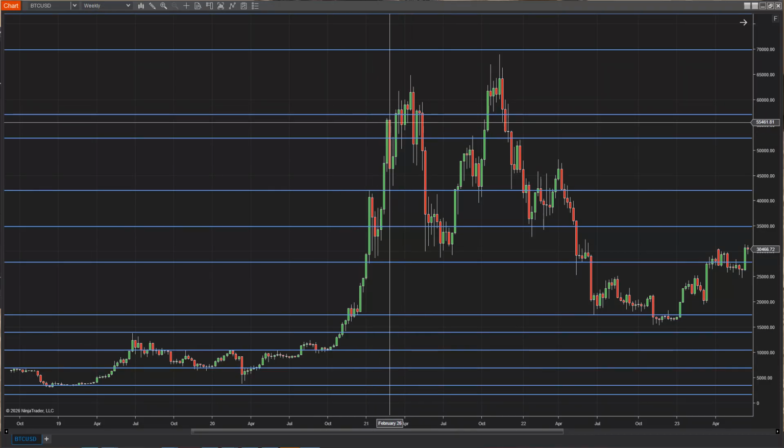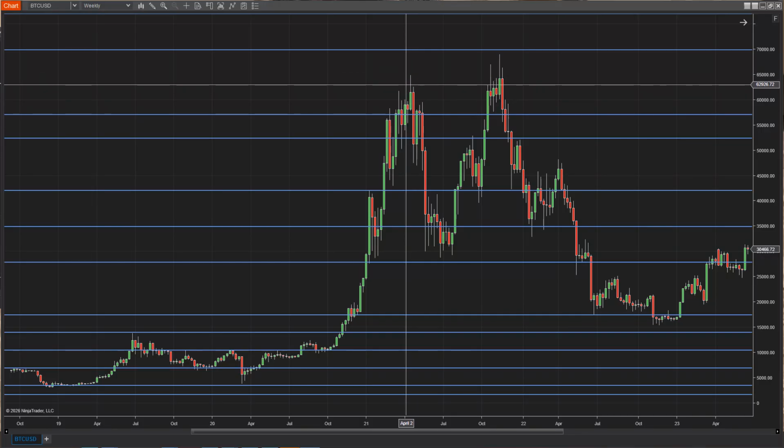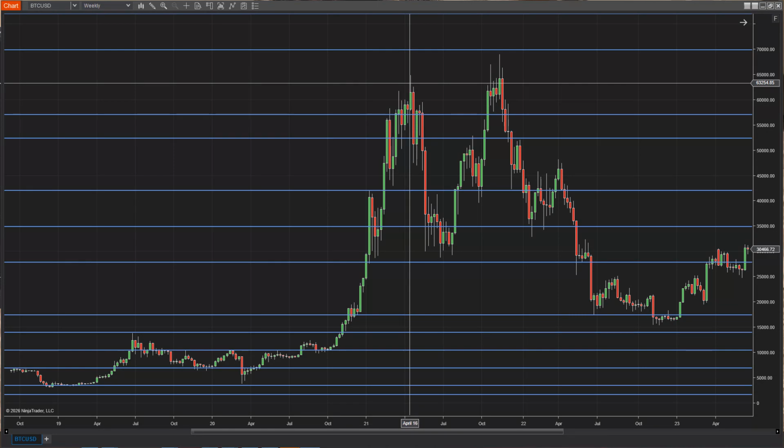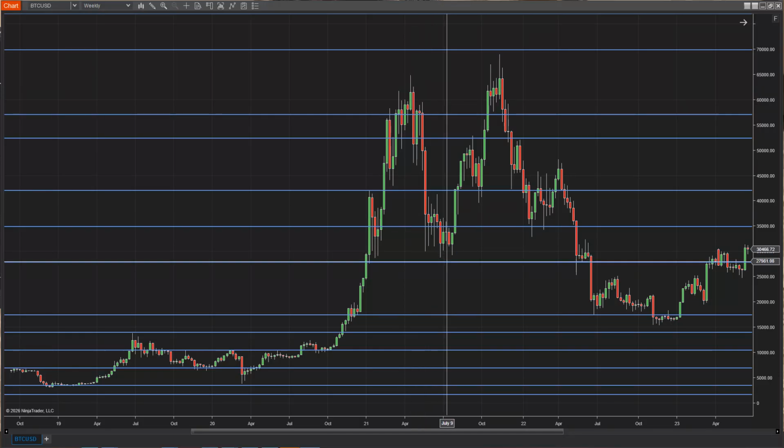Then after this initial first top was made up in here at just over the 63,000 range, which would be 9 times the 7,000 number, the market traded down and we got the first big bear market after that 2021 rally, and that went back down and just missed touching here at the 28,000 level, which was 7,000 times 4.